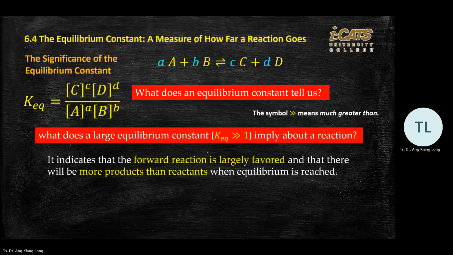Equilibrium: more than one means forward reaction. Product more than the reactant.